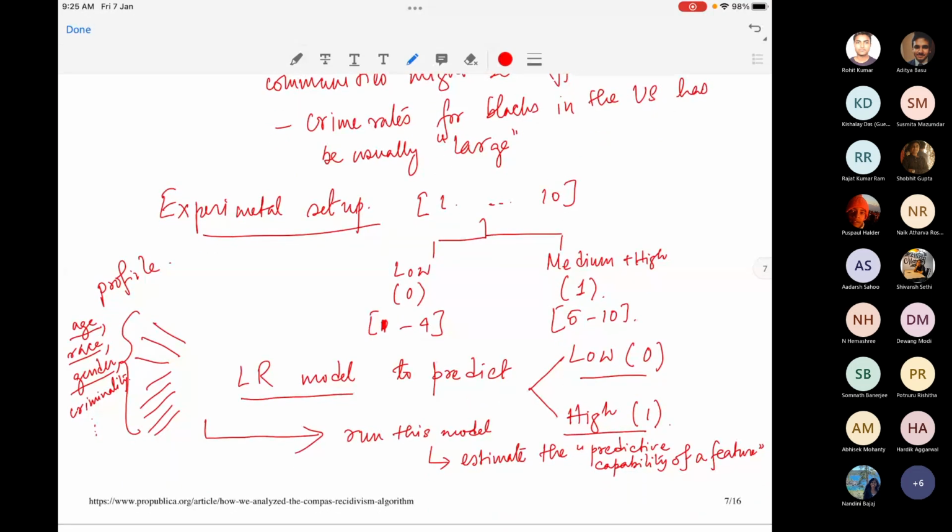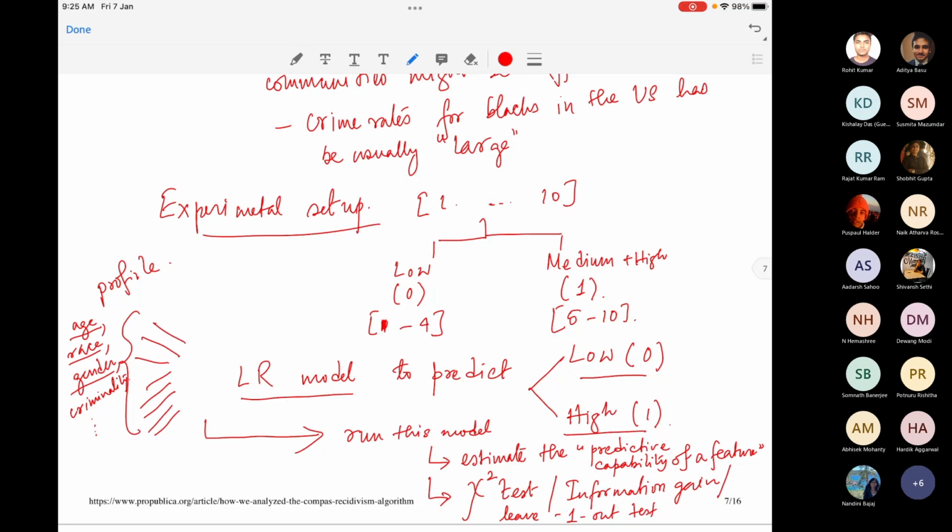I will not go into details, but if you have done a machine learning 101 course, you should know there are tests like chi-square test, information gain, or leave-one-out tests.